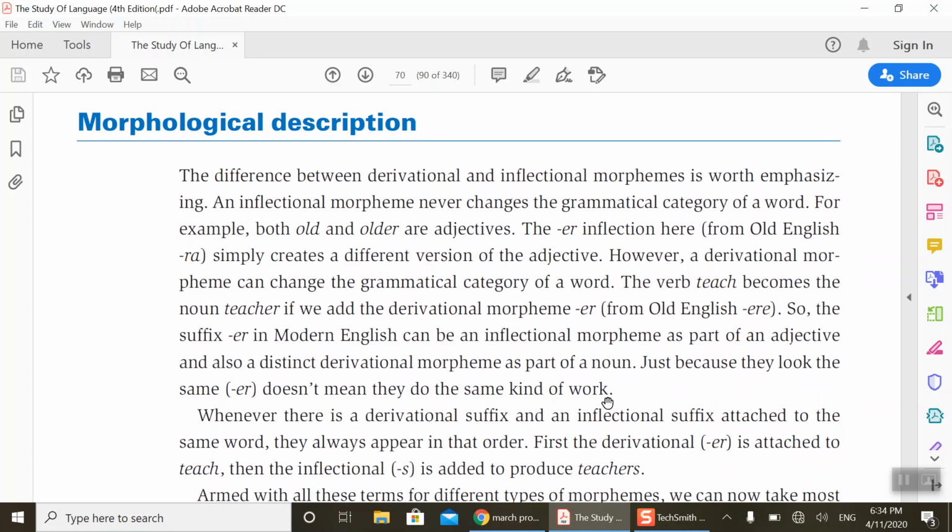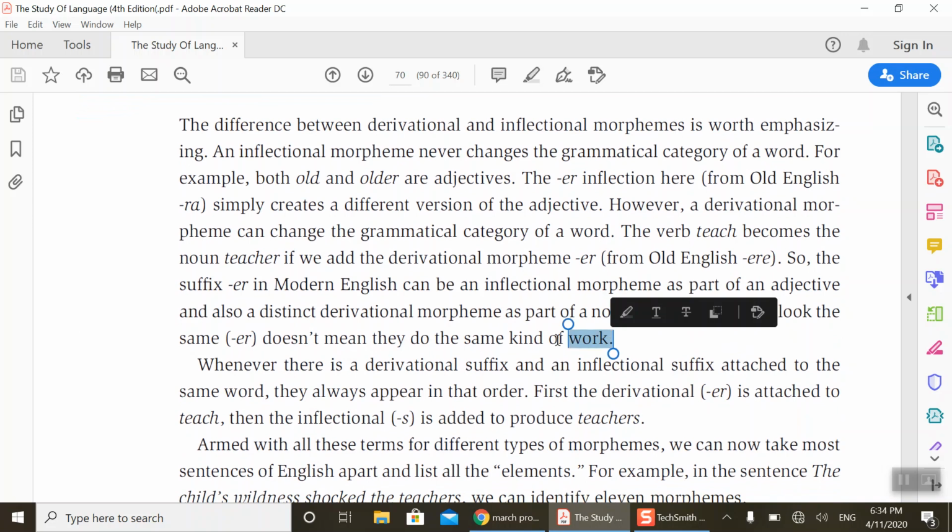Just because they look the same doesn't mean they do the same kind of work. They are called homophones, homophony.